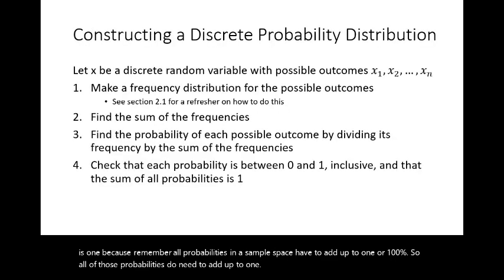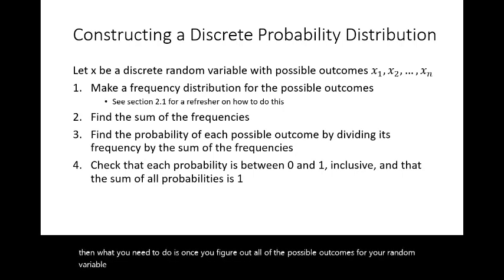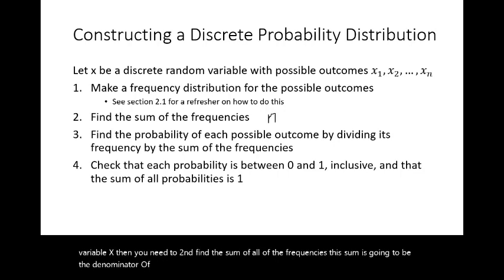So to construct a discrete probability distribution, you first need to figure out all of the possible outcomes and, if needed, make a frequency distribution. Then, once you figure out all of the possible outcomes for your random variable x, you need to second find the sum of all of the frequencies. This sum is going to be the denominator of your probability.